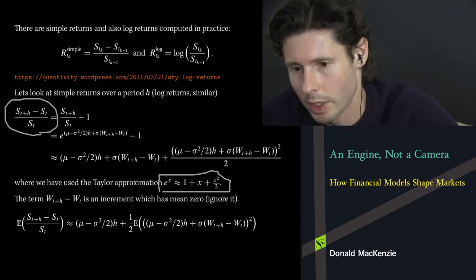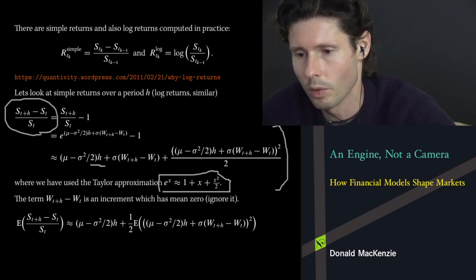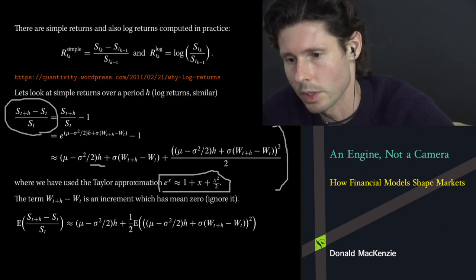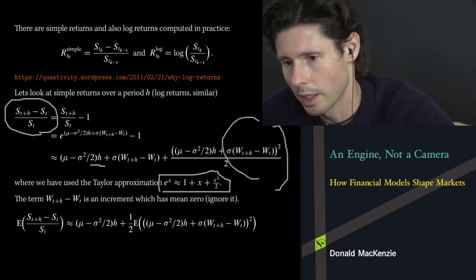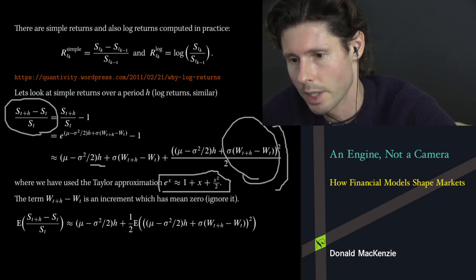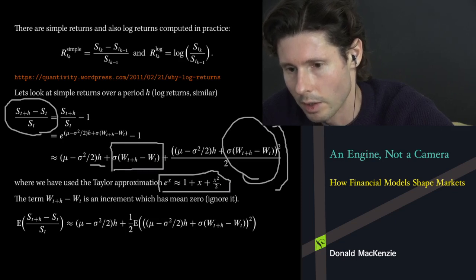We're going to try to keep things that are of order h and pretend that things of order h squared are small. And so for this reason, I've expanded only up to the second order so that we don't omit anything. There's going to be an interesting thing that happens with this Brownian increment, as you'll see on the second slide. But for now, one thing we can see is that this component of the return is on expectation 0.